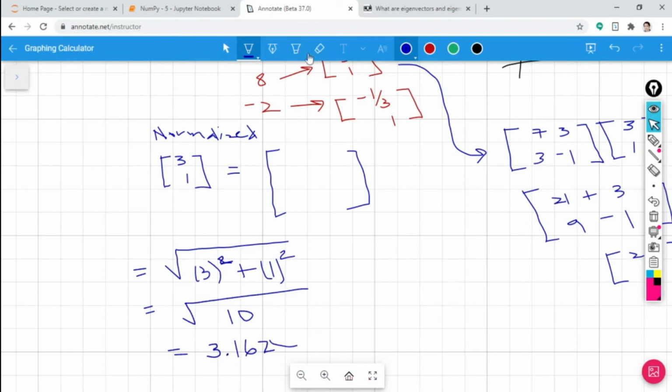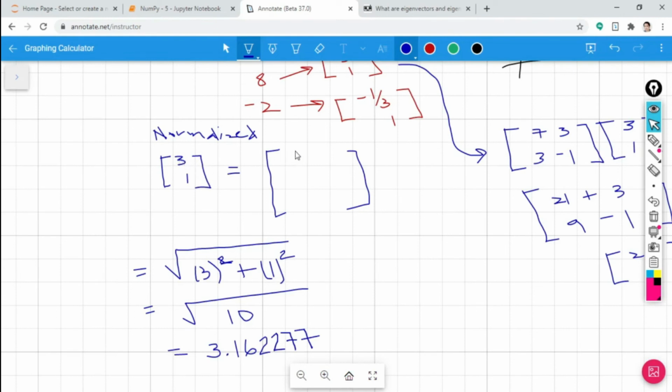So the normalized value here is the value of the vector.